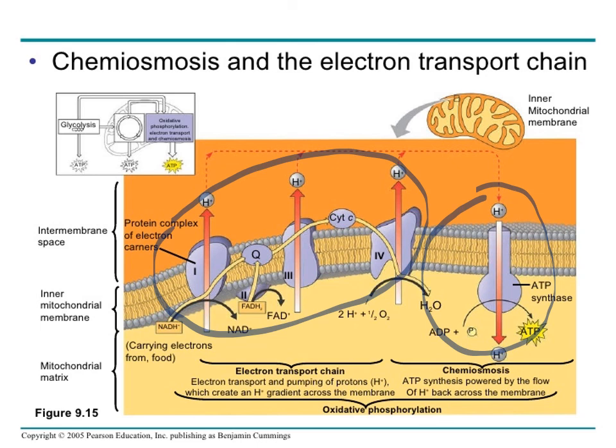In the electron transport chain, electron transport and pumping of protons create an H+ gradient across the membrane. Then chemiosmosis, in which ATP is synthesized, is powered by the flow of H+ back across the membrane.